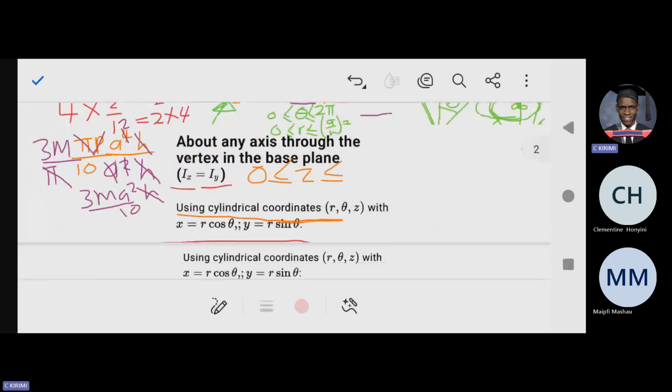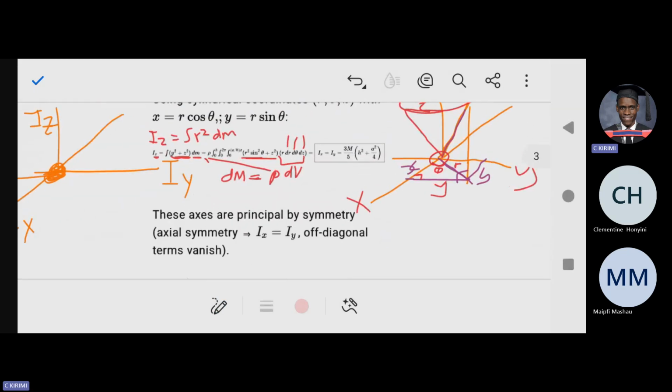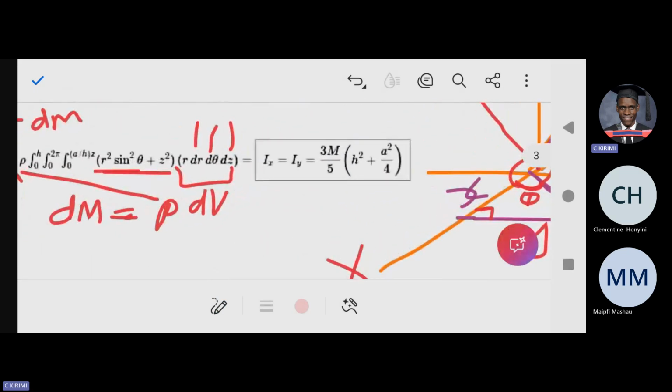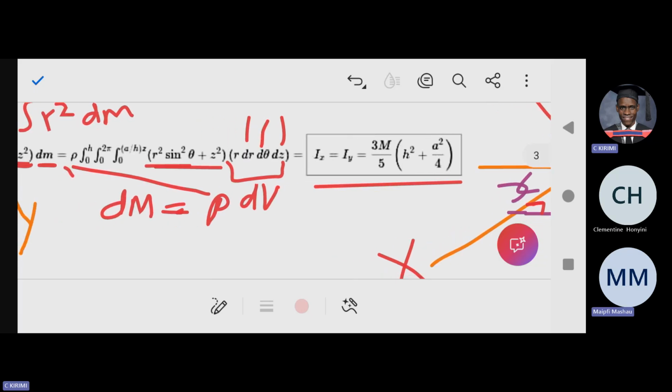So it's the same thing. There's a step that has been skipped, because can you see this answer does not have rho? Are you seeing that this answer here does not have this rho, which we are multiplying by? After you are done integrating everything, what are you supposed to do?